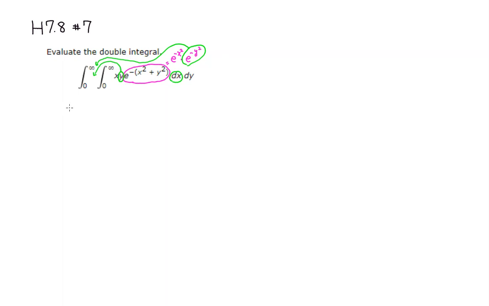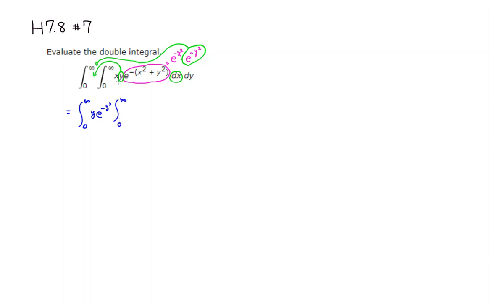So we can rewrite this as an integral from 0 to infinity, where we kicked out the y and e to the negative y squared. Then you have an inner integral from 0 to infinity.